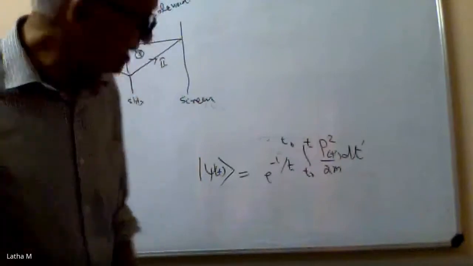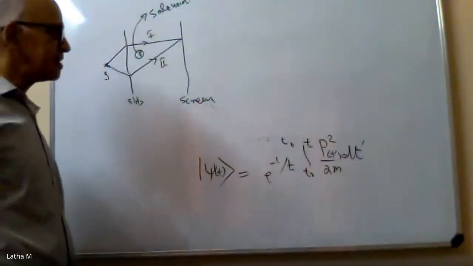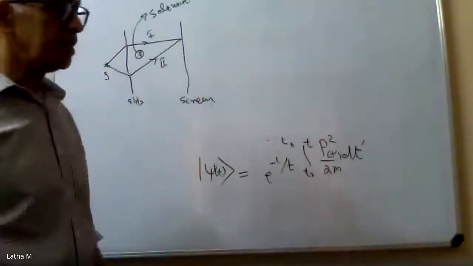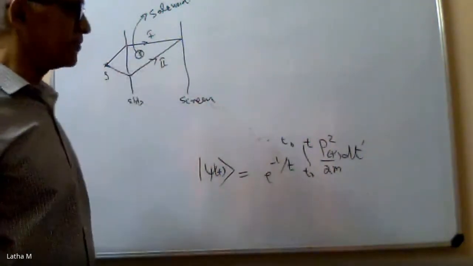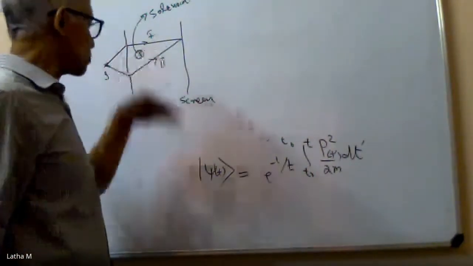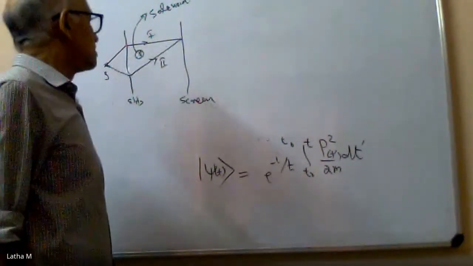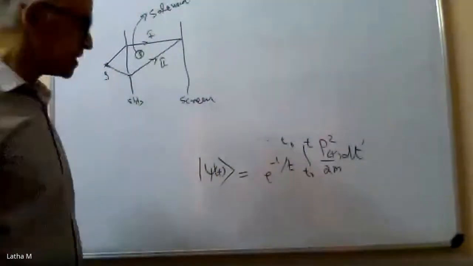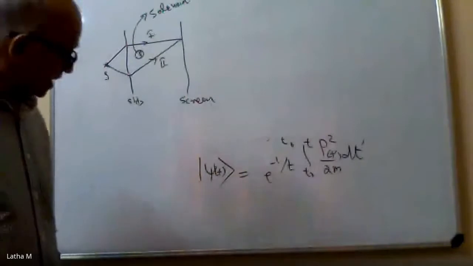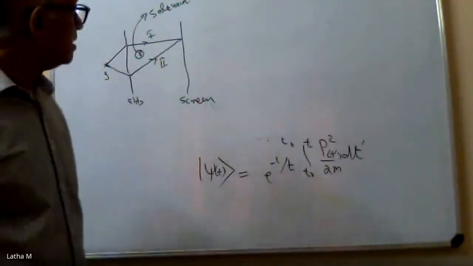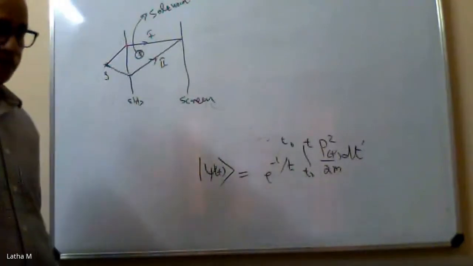You should remember that if you use a solenoid like this, there is no magnetic field outside. We can assume that the length of the solenoid is very large. Therefore, there is no magnetic field affecting the motion of the charged particle, and there is no electric field outside the solenoid. Then the question is how the magnetic field through the solenoid affects the interference pattern.